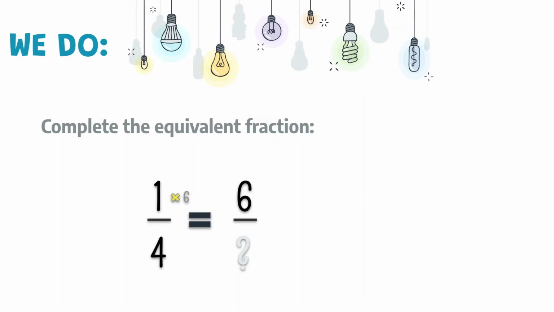That's right. Remember, again, with the rule, if I do something, in this case, multiply by 6 on the top of the fraction, you have to do the same thing to the bottom. Pause the video to finish this up.